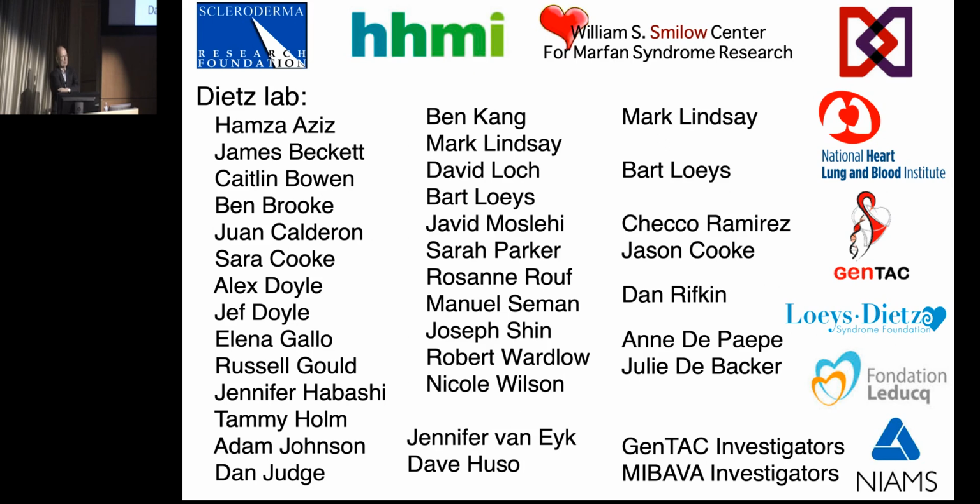So, for example, there was a Lilly ALK5 inhibitor that went into phase 1 clinical trials and showed progressive fibrosis of the mitral valve that was deemed significant, and therefore it was not pursued.